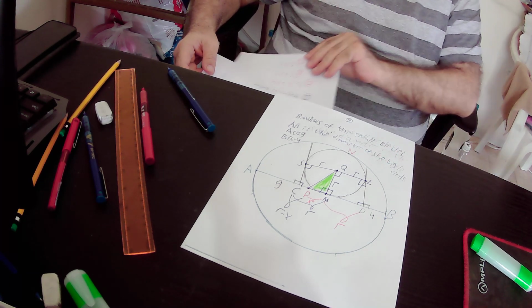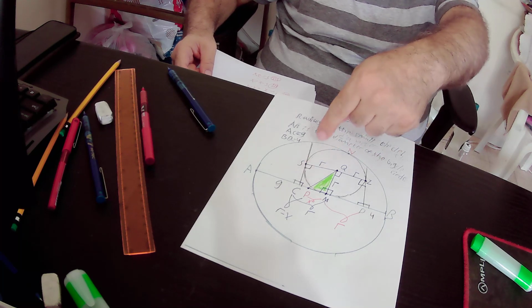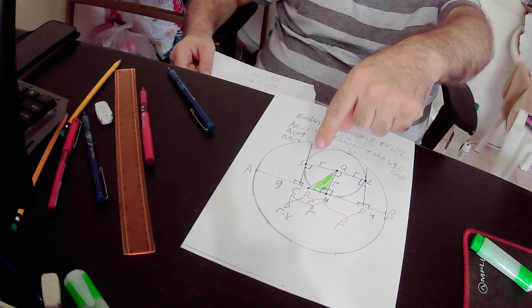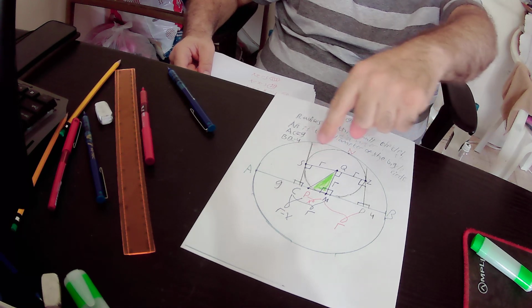This is the first tangent to the circle, and the point of tangency between the tangent and the circle is at point S.